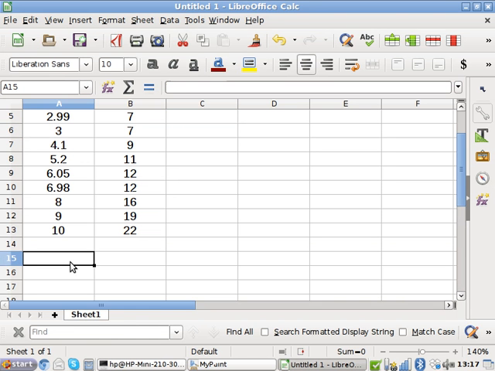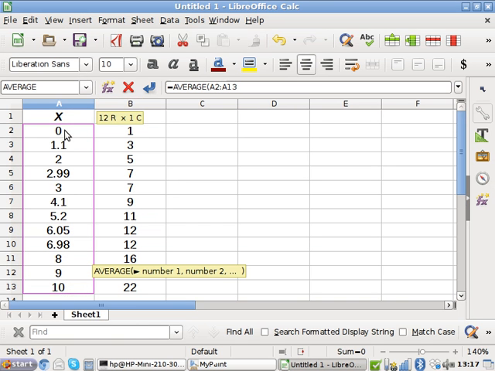Right, I'll put the average down the bottom. I would like you to skip a line so we don't mix it up with the data. Okay? So what you do is you type in equals in the box. There we go. You type in equals average bracket, and then you highlight all the x's. Don't highlight the x itself, and then close the bracket. So this is what you have typed into the box: average A2 to A13.